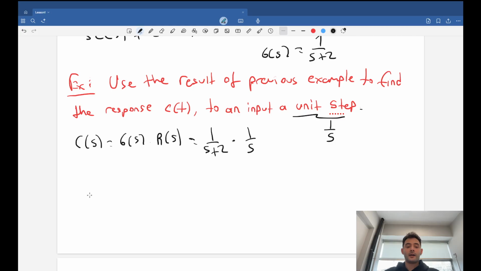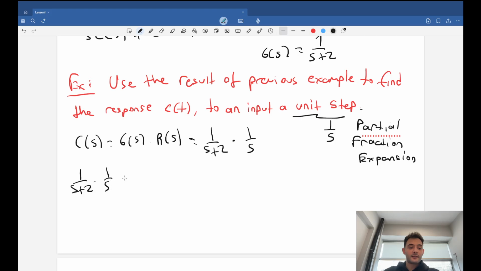There's a thing called partial fraction expansion, right? So we had this formula, 1 over (s plus 2) times s. We will separate it into two parts.